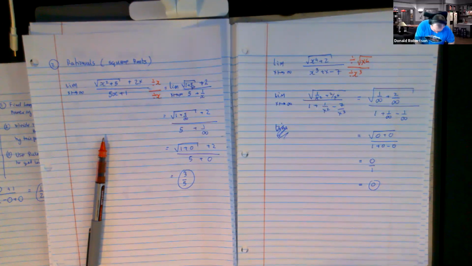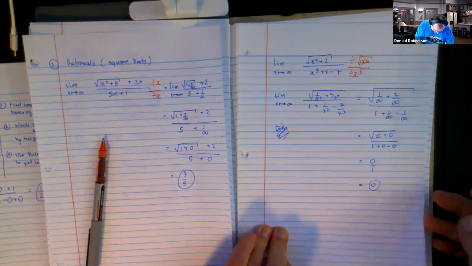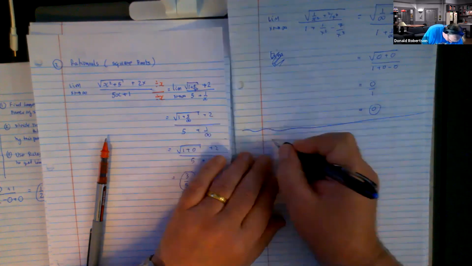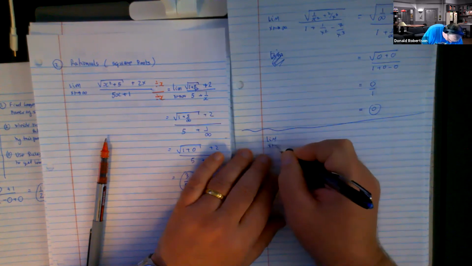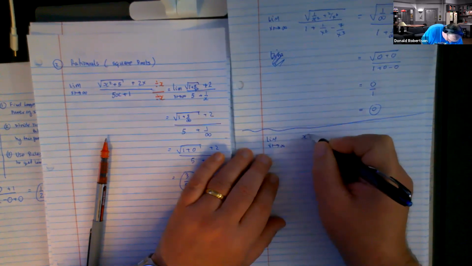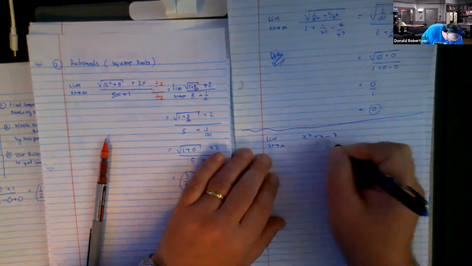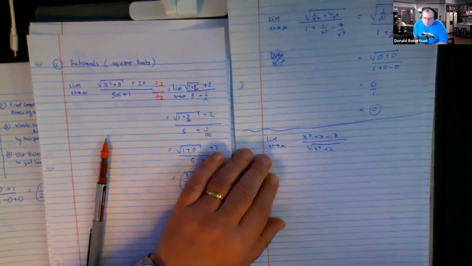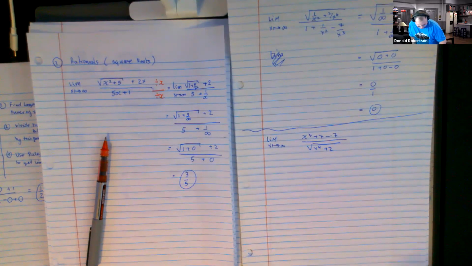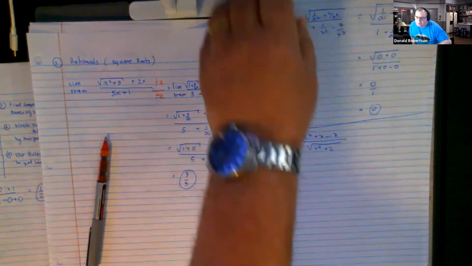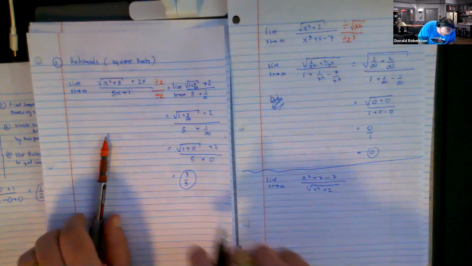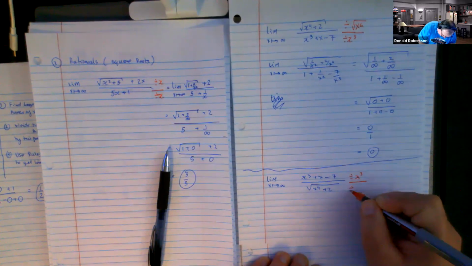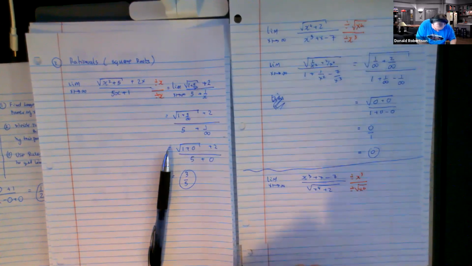Right, we've got a few minutes left, so I want to just show you almost the same question. You see, the only thing I've done here is turn it upside down, right? Did the reciprocal. I'm still going to divide by x cubed on the top and by the square root of x to the 6 on the bottom.